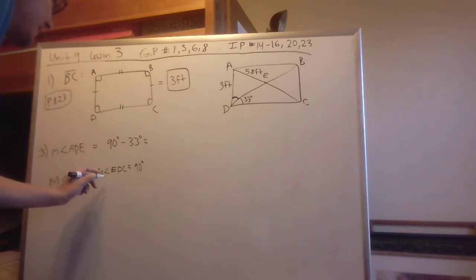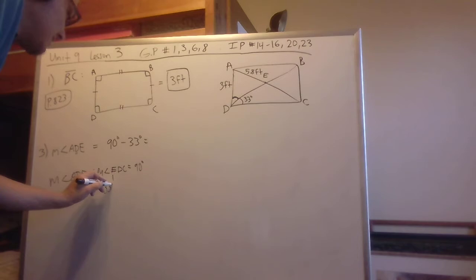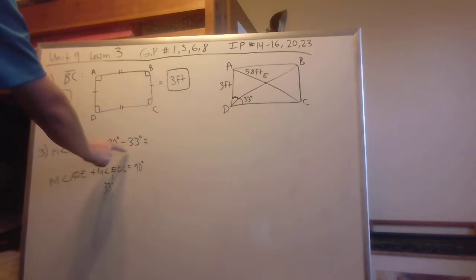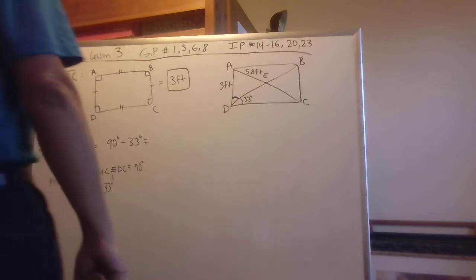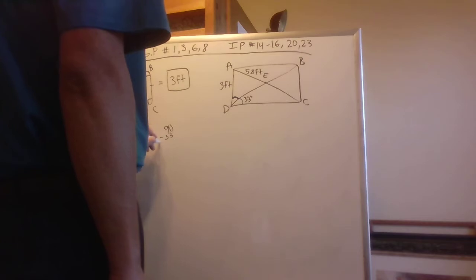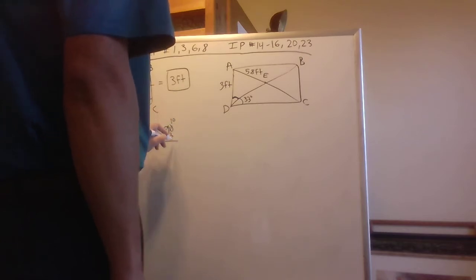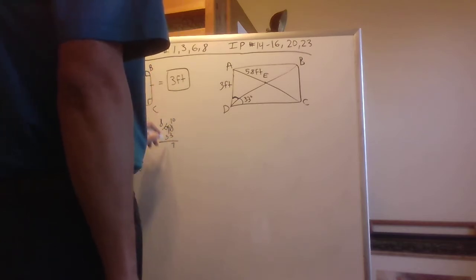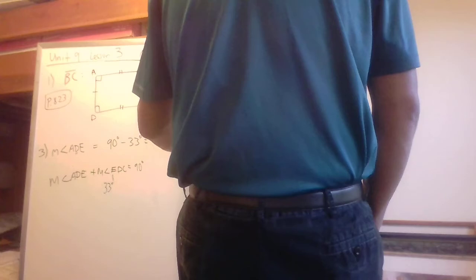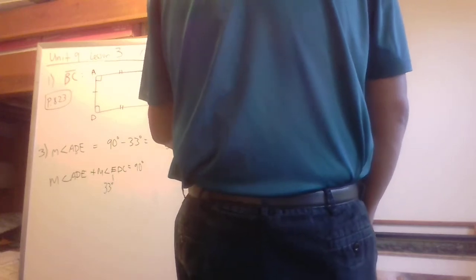Since we know angle EDC is 33 degrees, we subtract 33 from 90 and we'll get ADE. So 90 minus 33: 10 minus 3 is 7, and we turn that 9 into an 8. It's 57 degrees. So we know that the measure of ADE is 57 degrees.